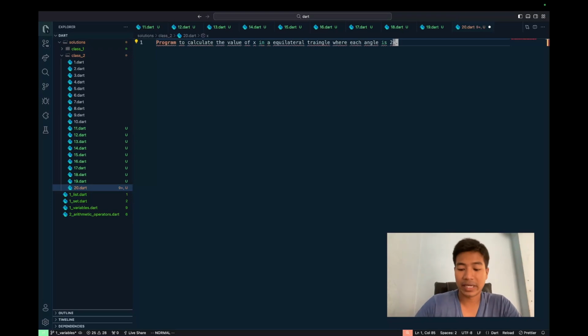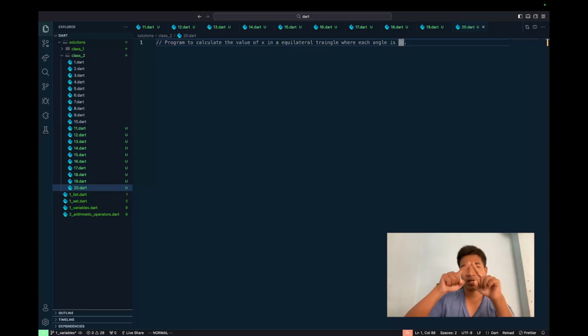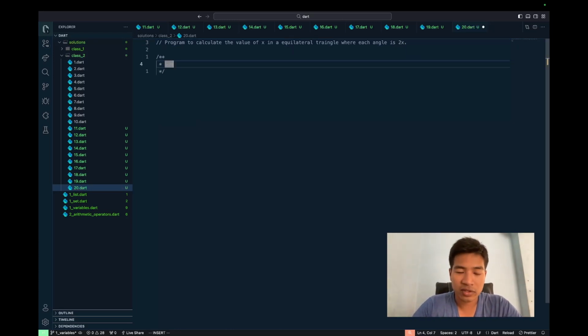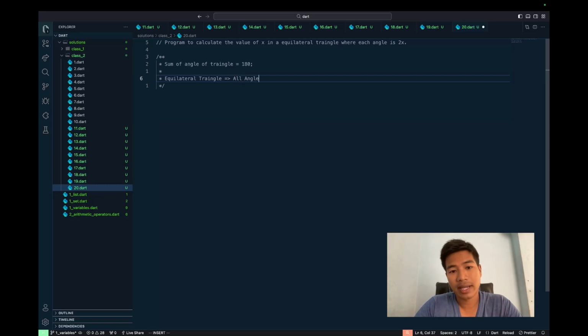Number 20 is something very interesting about triangles: an equilateral triangle, whose angles are all equal. We already showed the sum of angles of a triangle is 180. In an equilateral triangle all angles are equal, so each angle is x.